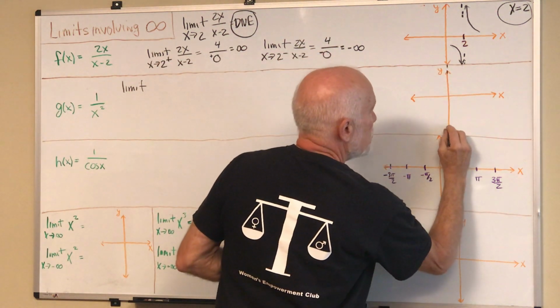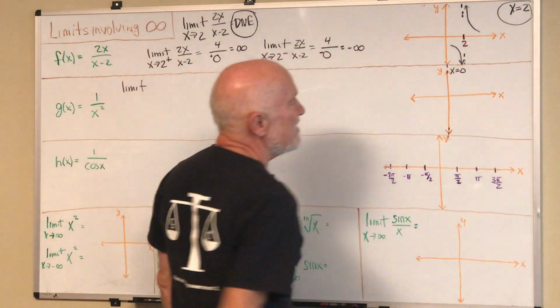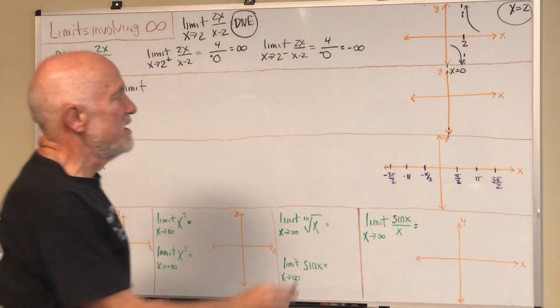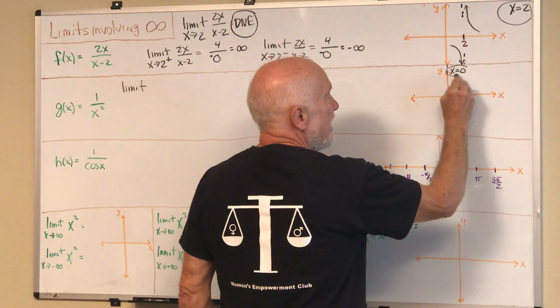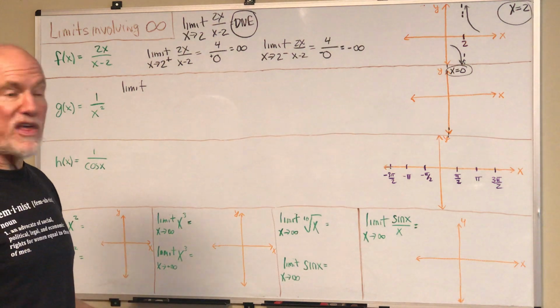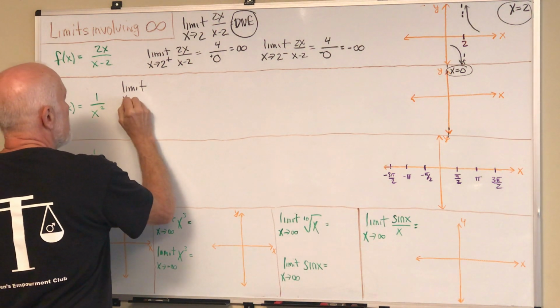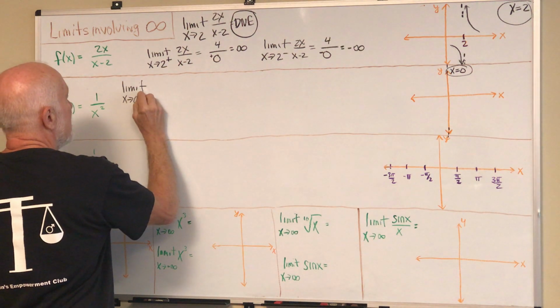It's a little harder to do because it's right on the axis, but the y-axis, or x equals 0, is going to be our vertical asymptote. So we've answered one of the questions they could ask us. What is the limit as x approaches 0 from the right?